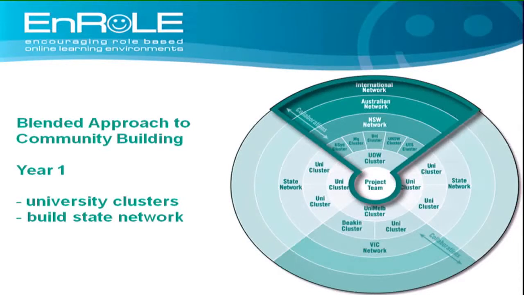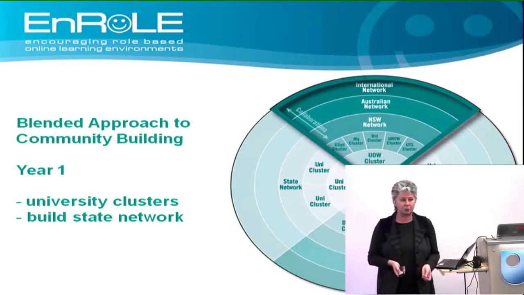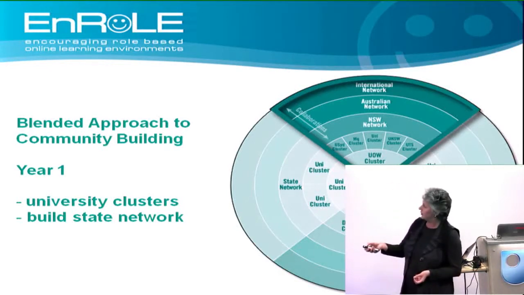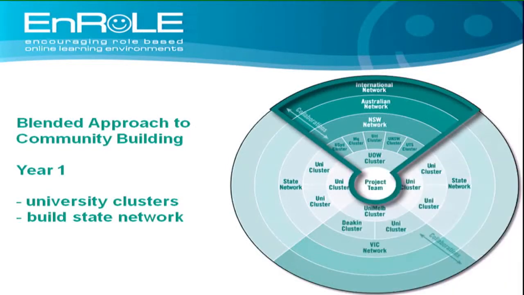But we worked to develop clusters of role play designers at our own universities, because at our own universities we can work face to face. We could have morning teas, afternoon teas, lunches, we could run workshops, we could get to know each other and support each other. We then worked together to build a New South Wales network. So that's a state network. And we ran network events throughout New South Wales, some online, some face-to-face.